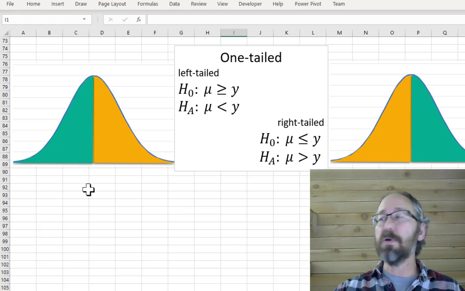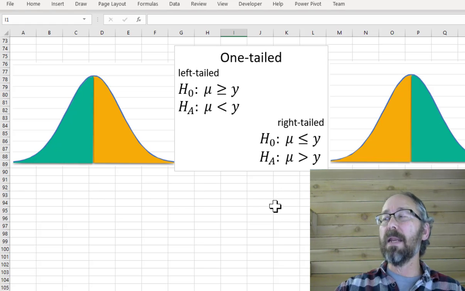And of course, it's reversed for a right-tailed test. In a right-tailed test, we're saying for the null hypothesis that the population mean is less than or equal to y, the yellow shaded area here. And for our alternative hypothesis, we're saying the population mean is greater than y, represented by this green shaded area here.